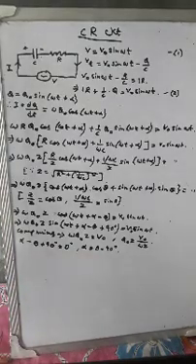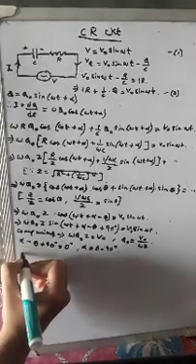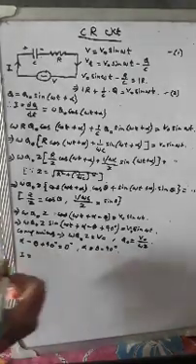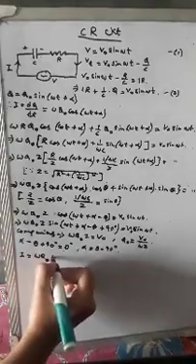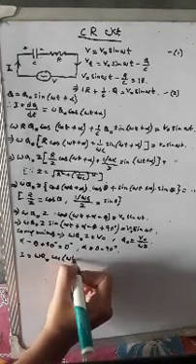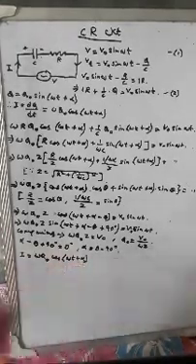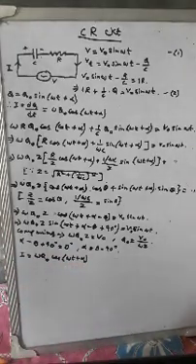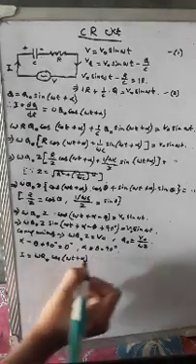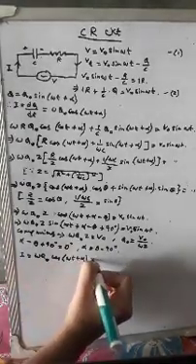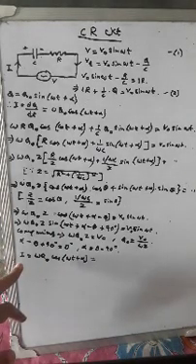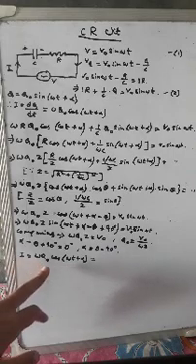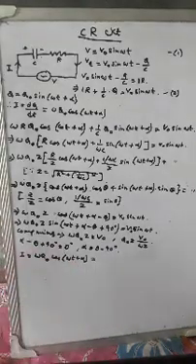Now what can we write? I equals, what I did, students, I've written the value of I as omega q naught cos(omega t plus alpha).